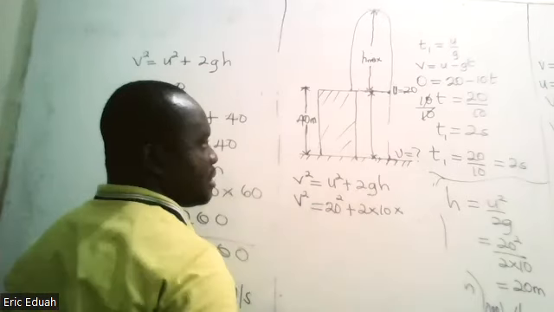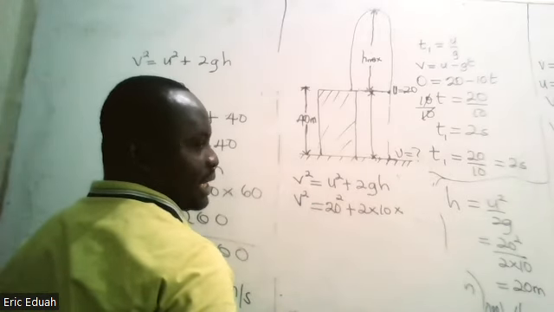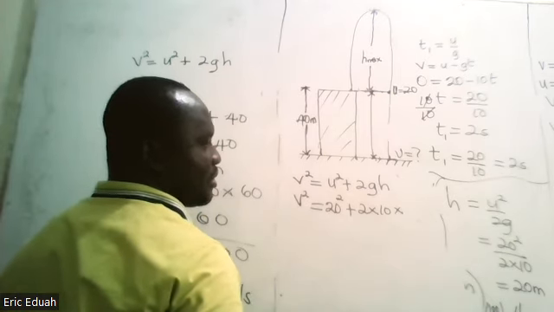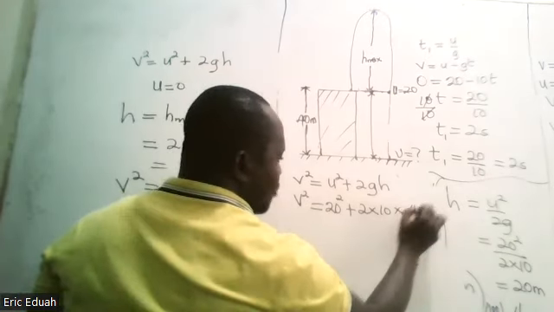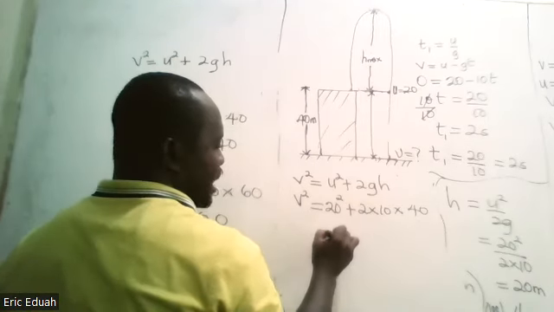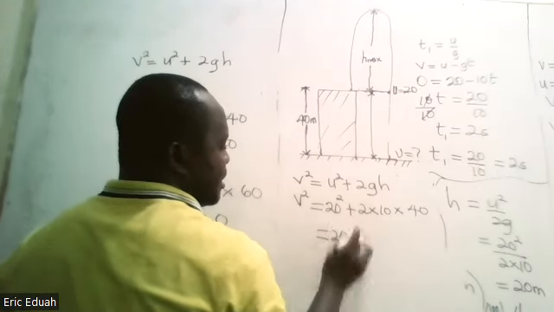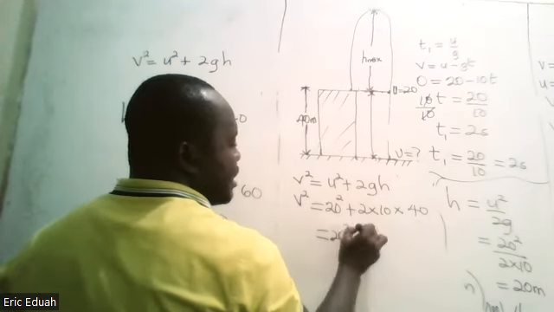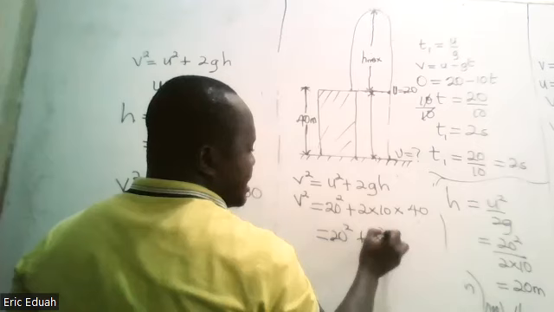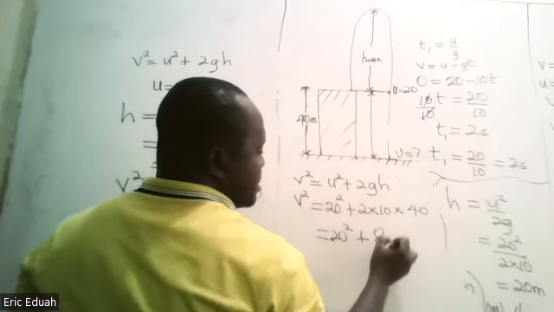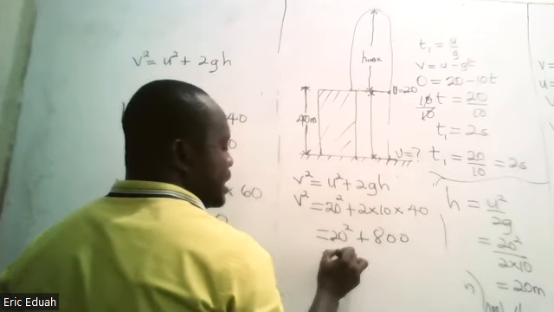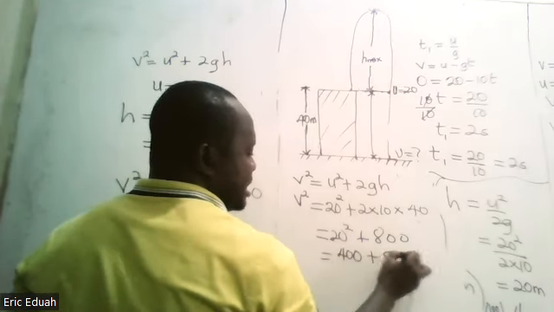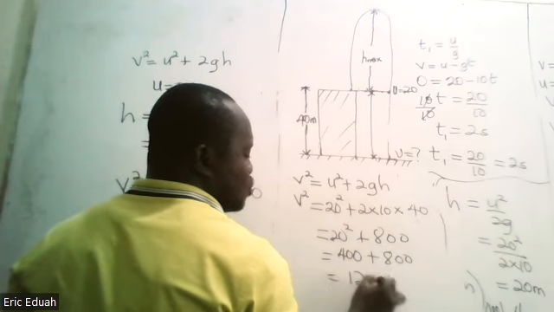40 meters. So we have 20 squared, which is 400, plus 800, giving us 1,200.